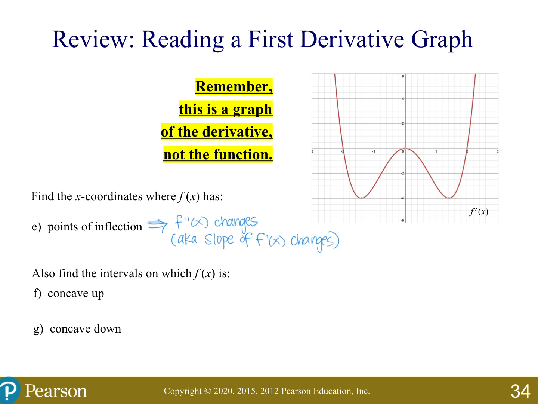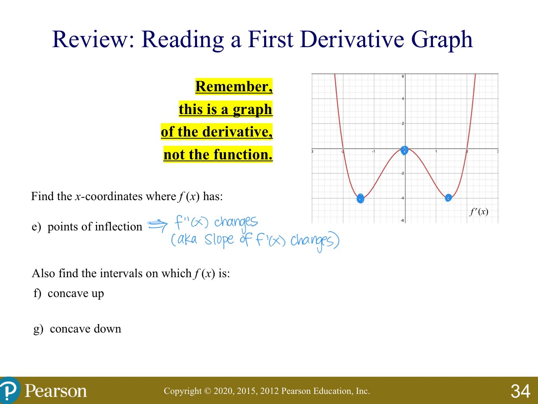So anytime the slope changes direction, we're going to have a point of inflection. So the slope changes direction 3 times. Changes direction from decreasing to increasing, from increasing back to decreasing, and from decreasing back to increasing again. So the points of inflection are now, that's what that origin means. That origin is one of those points of inflection.